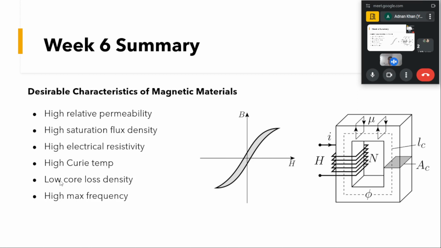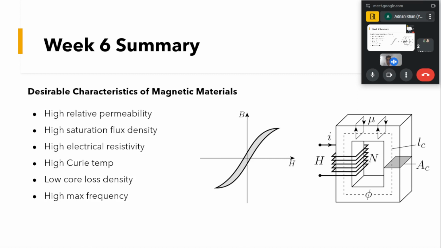Also, what we always want is a low core loss density. Our design is to optimize our devices for lower losses, because we want higher efficiency. So our core should have a lower loss density, meaning the losses per unit volume should be very small. Also, our core should be able to operate at the higher frequencies at which we intend to operate it.